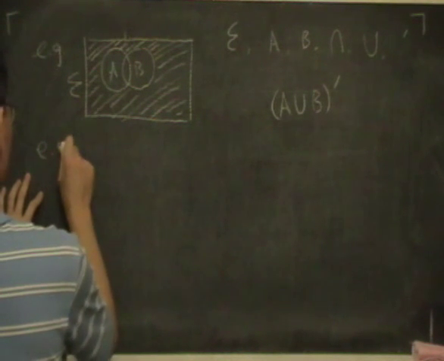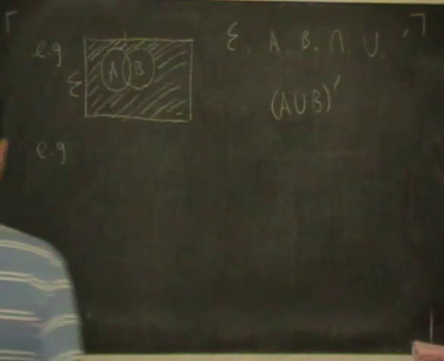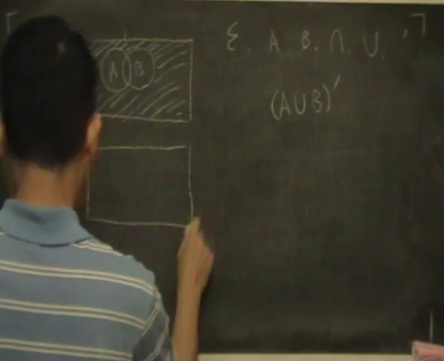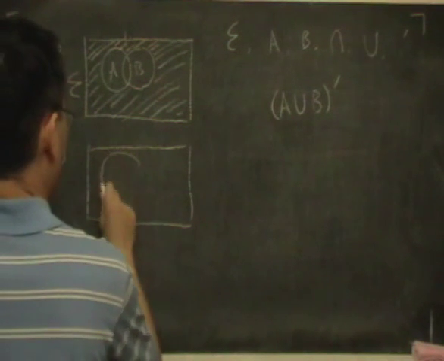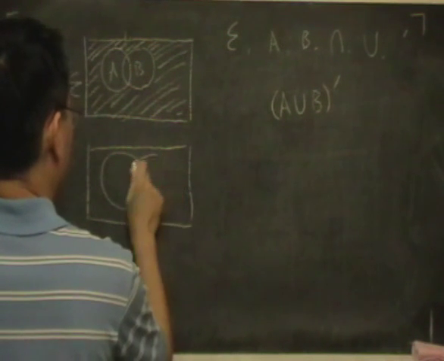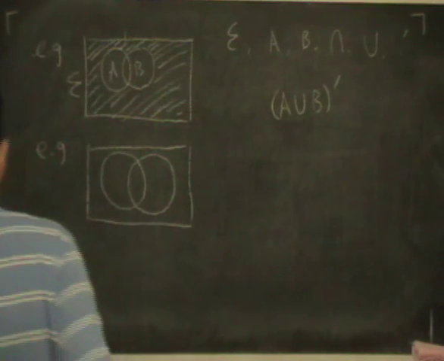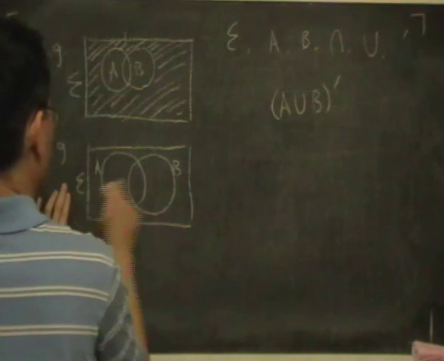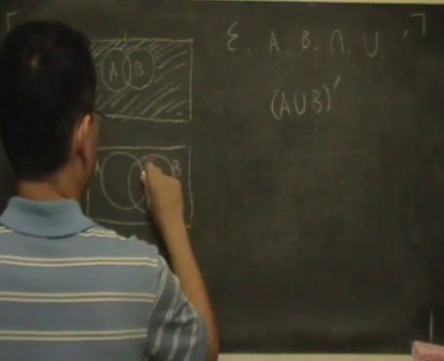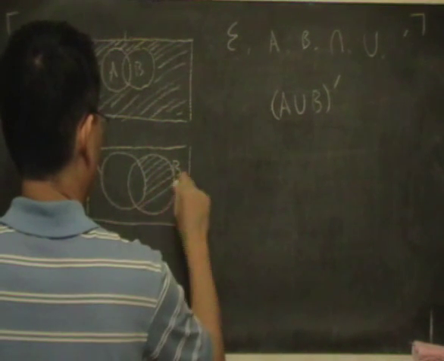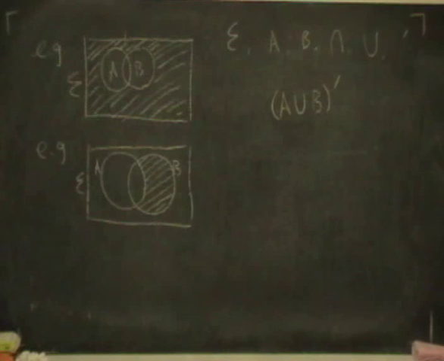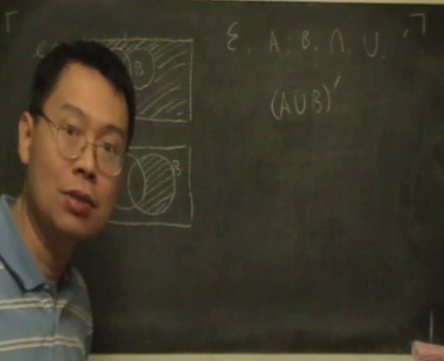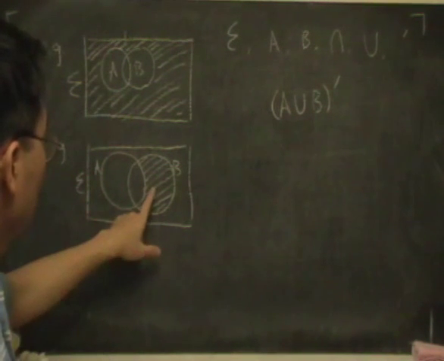Let's look at another example. Right, that's the shaded area now. So again, another rather oddly shaped region.